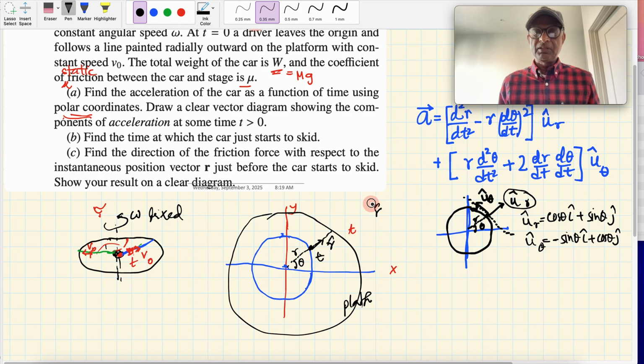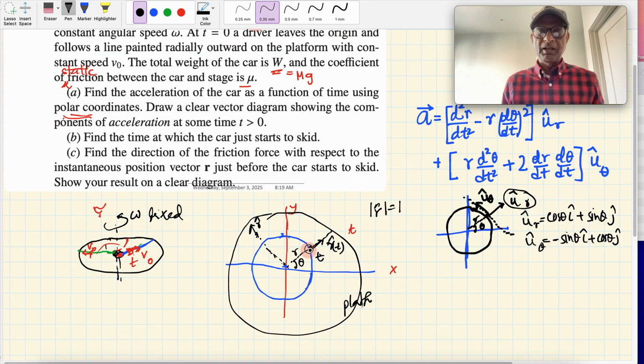R hat is a vector whose magnitude is 1. If I was over here, the r hat will be pointed this way. So r hat depends on what time it is, where I am. If I'm over here, then r hat is pointed that way. If I'm over here, the r hat is pointed that way. So it's not a fixed vector, except that it's radially outward always.